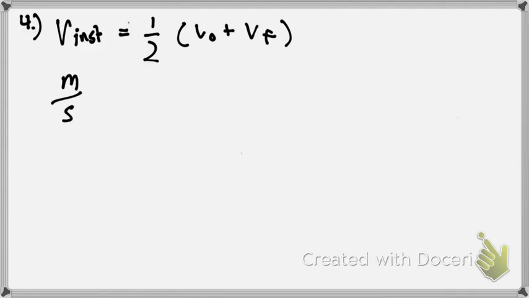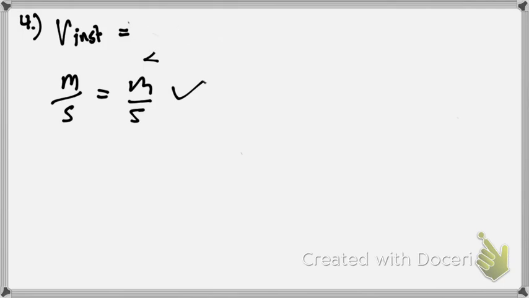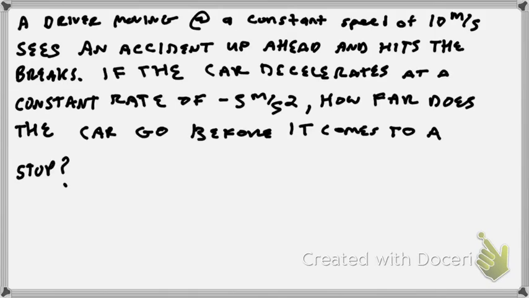And velocity is equal to the average of velocity, right? So that one was pretty straightforward. So let's go ahead and erase that. And now let's go ahead and look at this next one.